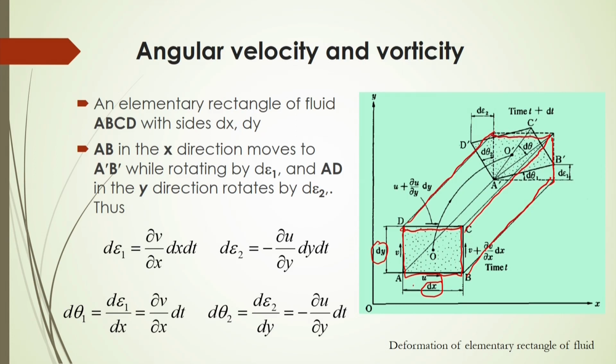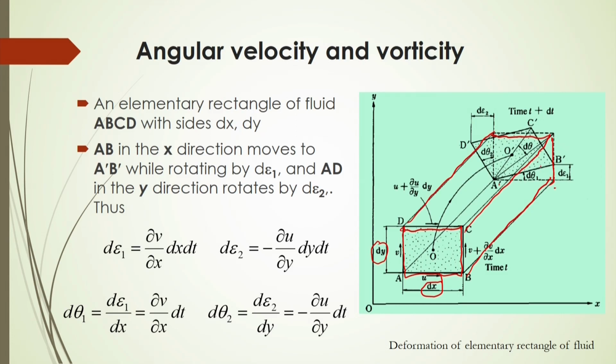Now, ABCD has sides dx and dy, and AB in the x direction moves to A dashed B dashed. Also you will see that the other side, DC, will be moving to D dashed C dashed.